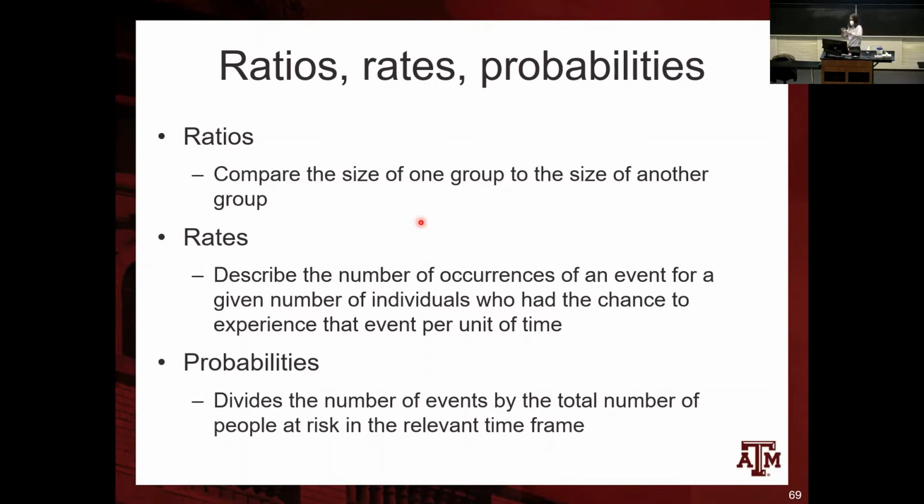So in rates, I get the population of interest in the denominator that is at risk or has a chance to experience the event that's being measured in the numerator. So for the mortality rate, I get the population in the denominator, and then from this population, those who died throughout that year.